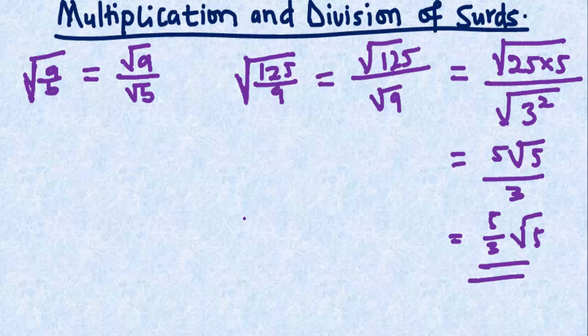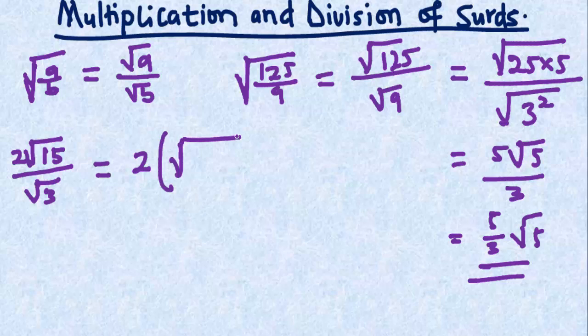In case of multiplication and division, reversing the process is also true. For example, if you have 2 root 15 over root 3, you can reverse the process as this: 2 multiplied by root of 15 over 3.